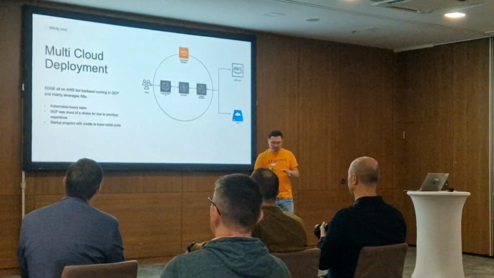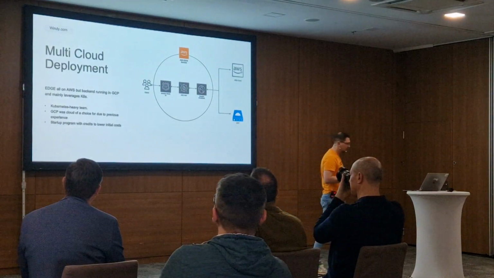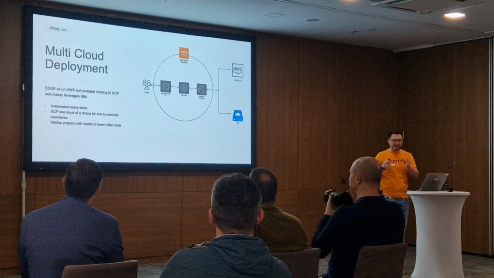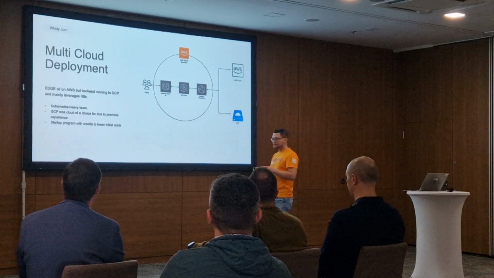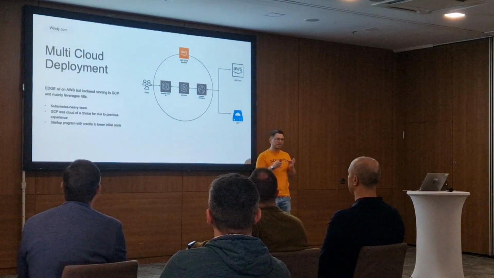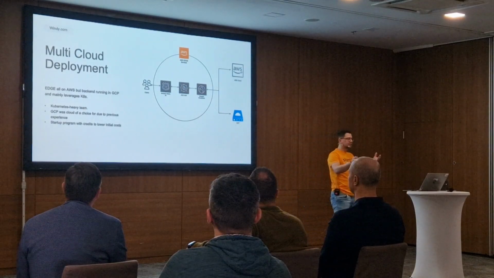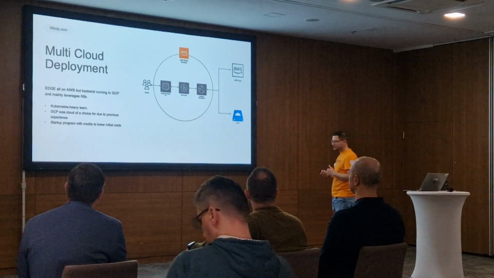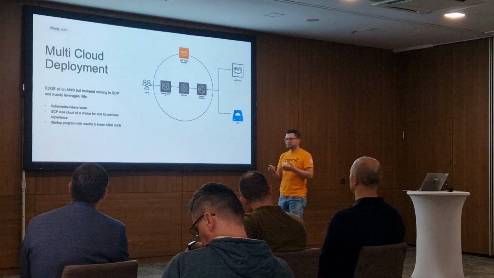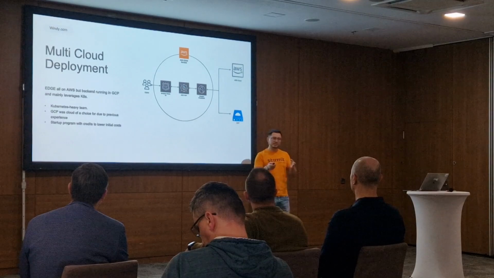But I decided to choose this particular customer because they are not using the AWS cloud for everything. It's actually the opposite. The majority of the workloads are in Google Cloud and with a different provider. And again, this is really not one size fits all.